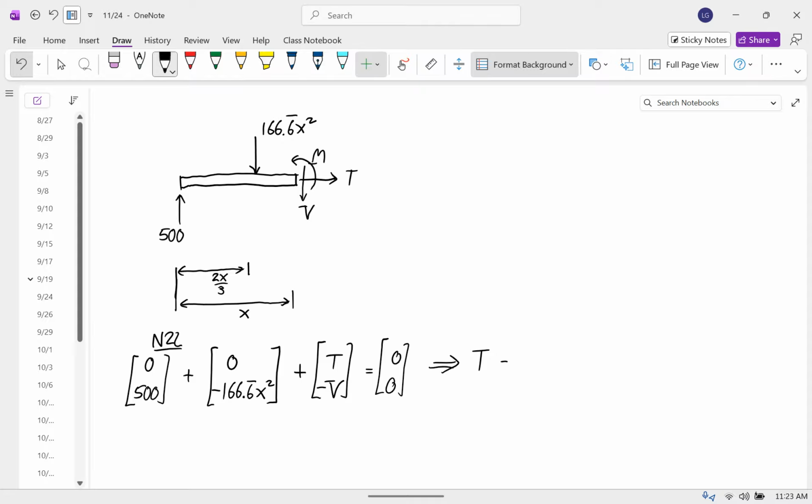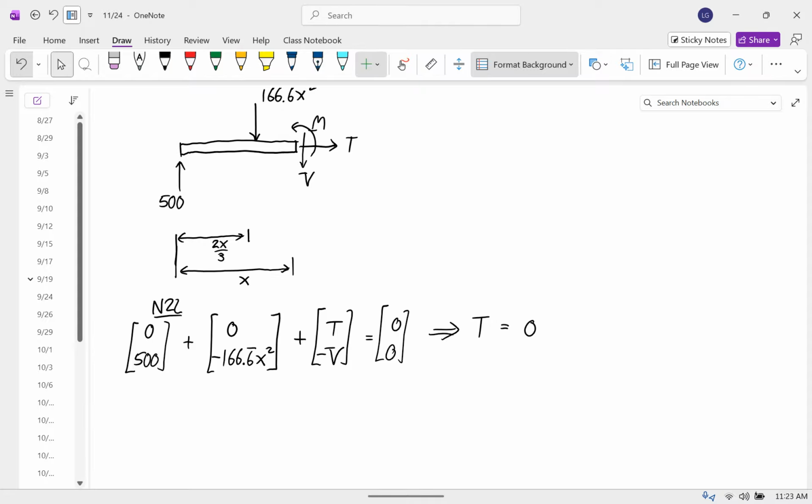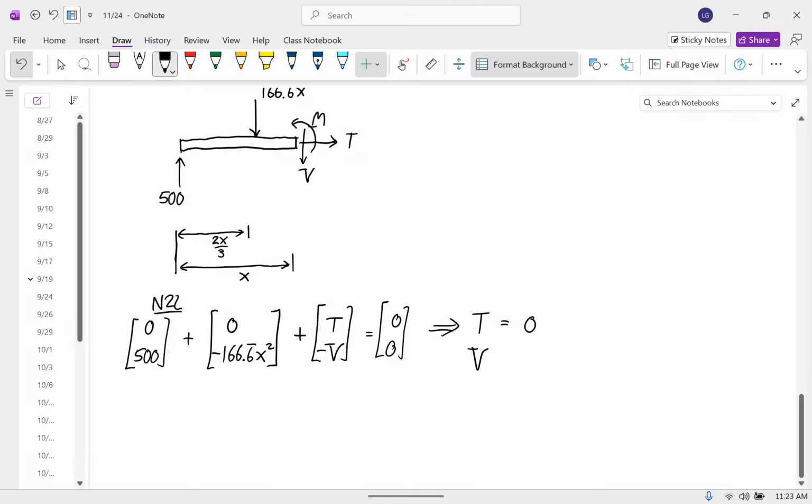And so t is equal to 0, and v is equal to negative 166.6 repeating x squared plus 500.